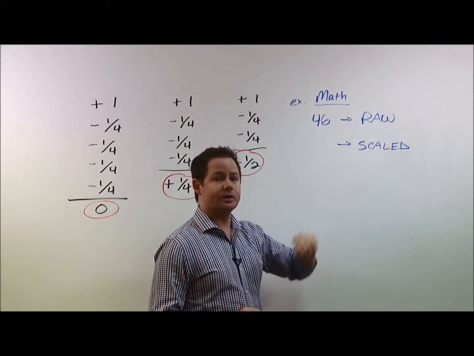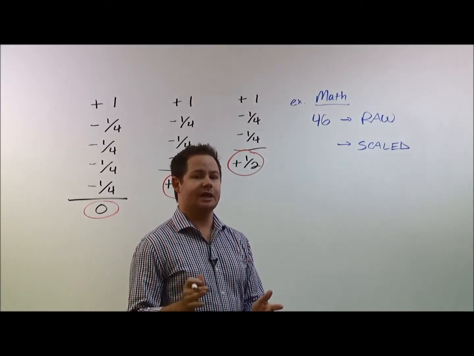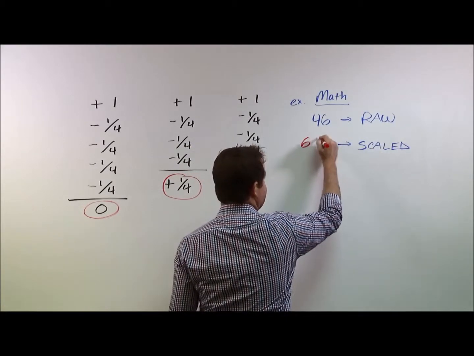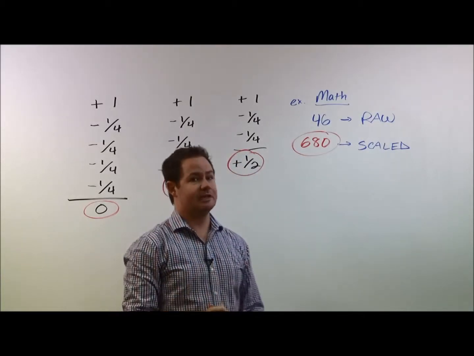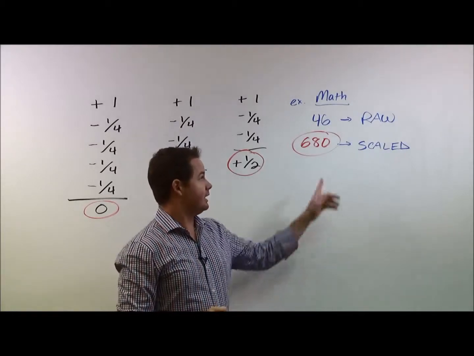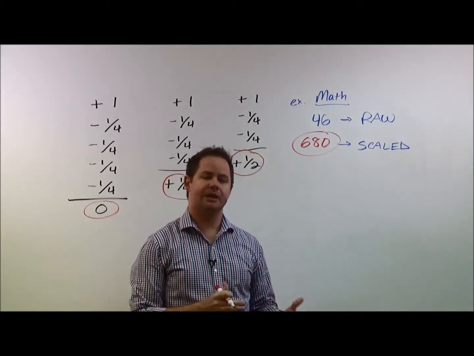Your scaled score, if you get a raw score of 46, meaning you skip 8 questions and you answer everything else correct, comes out to be a 680, which is certainly not too shabby. That's a very, very strong math score on your SAT, but it doesn't allow you to achieve that target score of 700 or above if you're skipping that many questions.